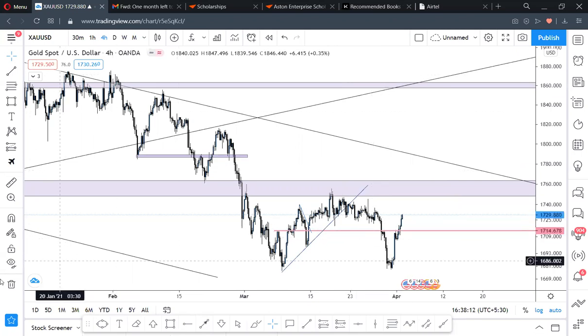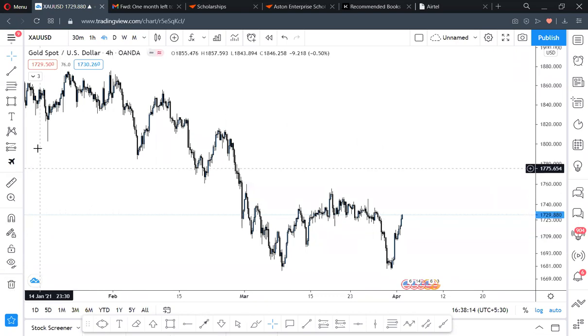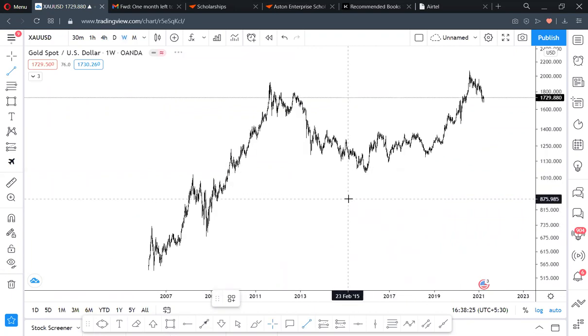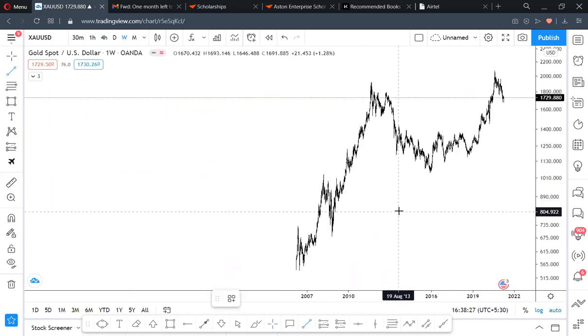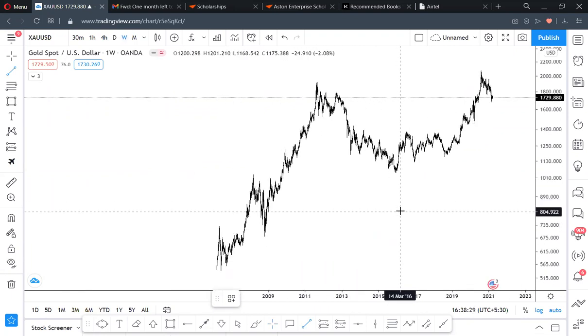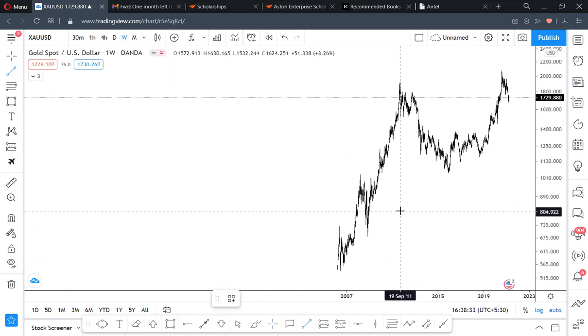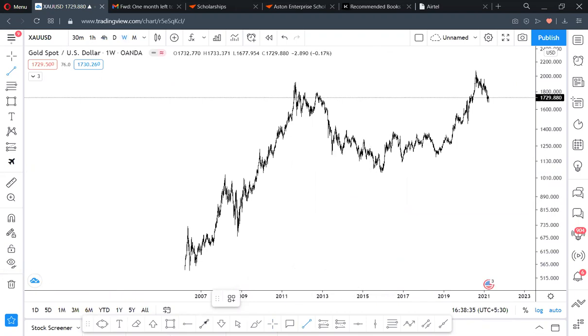I'm starting to think, let me clear everything. 1750, 1760 goes. Let me clear everything and see the run. Okay, let me draw my zones on gold. No, guys, I'm still bearish on gold. But then let's take it from the weekly down and see how price is faring.